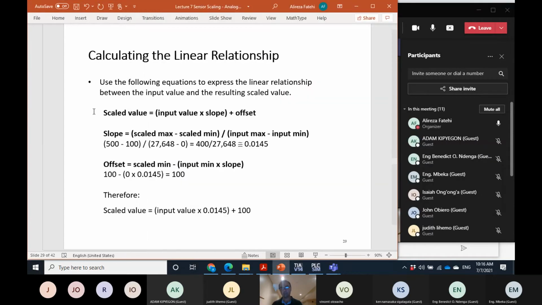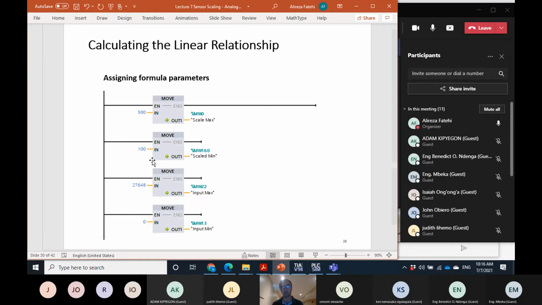When you use math functions, we implement a formula part by part. First this parenthesis, then this parenthesis, and then divide them. Again this parenthesis, and then subtract that from this one. This is how we use the math functions to implement the formula.